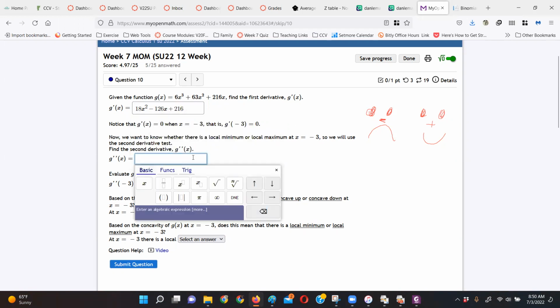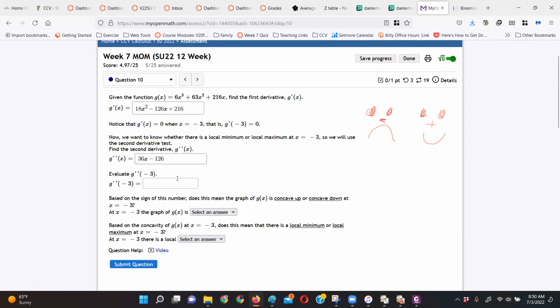And then the second derivative is 36x minus 126. Okay. And we're going to evaluate g double prime of -3. Oh, look, they really even give us the... oh, they don't even make us do +4. Oh, okay. All right. Well, now you've seen both of them.